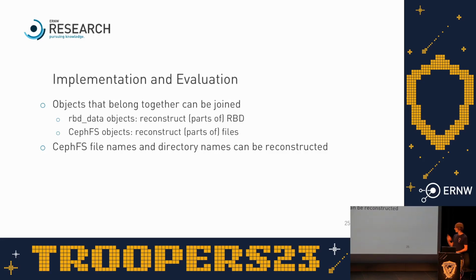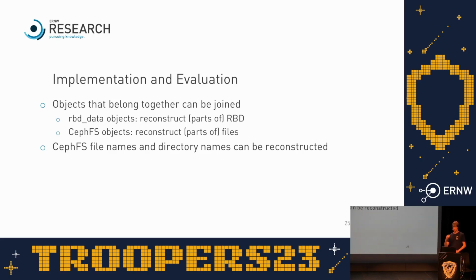Yeah, and for CephFS, I can reconstruct file names and directory names. Here it's quite interesting: even if you don't see the objects that represent a certain directory, you're still able to tell, in some cases, that a directory exists or existed in CephFS.